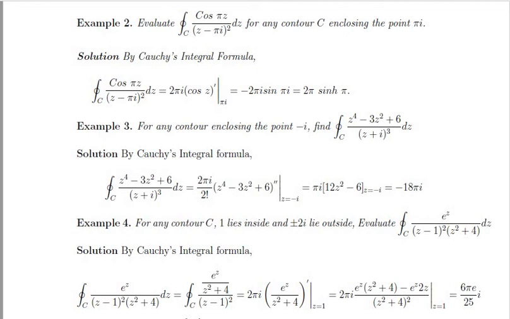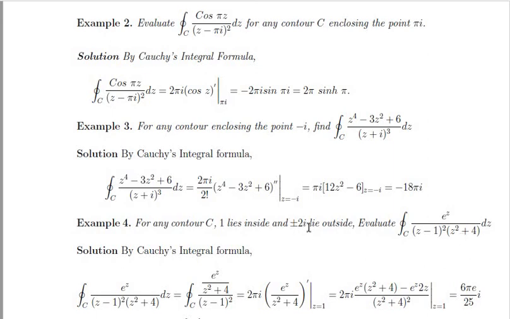For any contour C, 1 lies inside and plus or minus 2i lie outside. Evaluate the integral over C of e raised to z divided by (z − 1) whole square into (z² + 4) dz. Here, we consider a closed contour C, then the point 1 is inside and plus or minus 2i is outside.